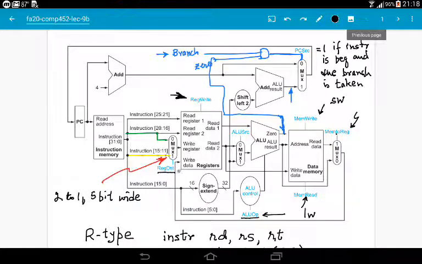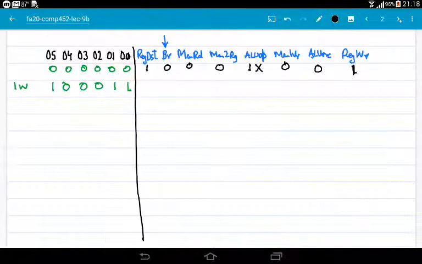Where is the destination register number in case of load word instruction? It comes from bit 16 to 20. So it means REG DST must be 0. Okay. So let's write 0 here. It's not a branch instruction, so BR is 0. Okay, now in load word we are reading memory, so mem read must be 1.